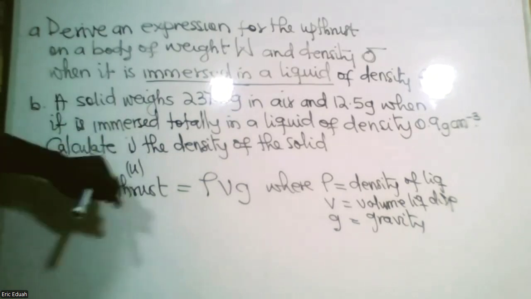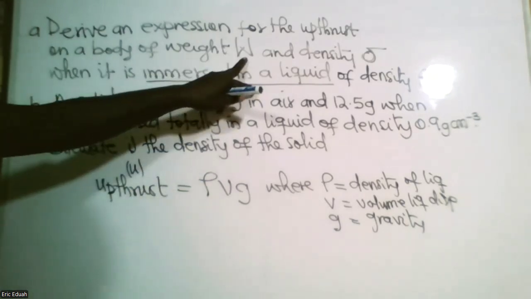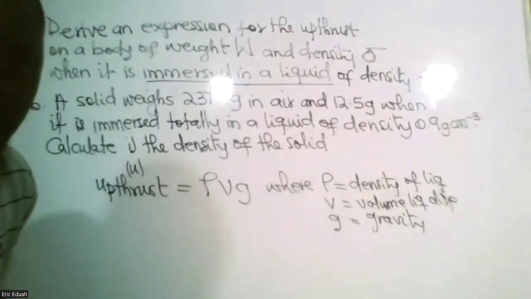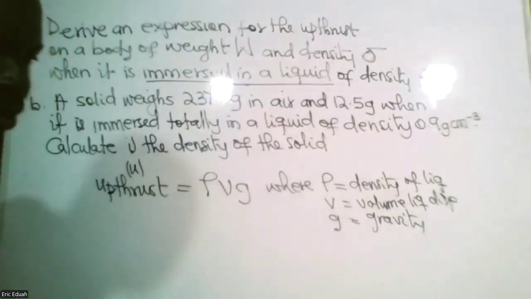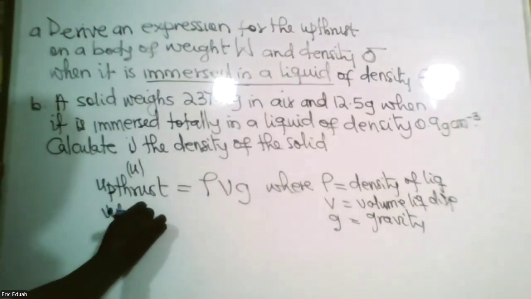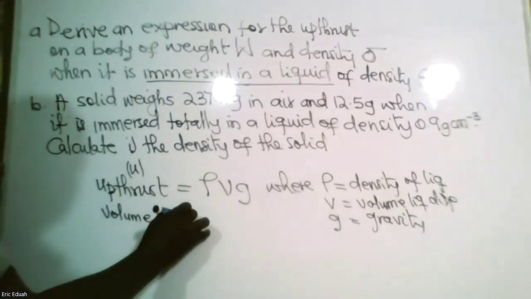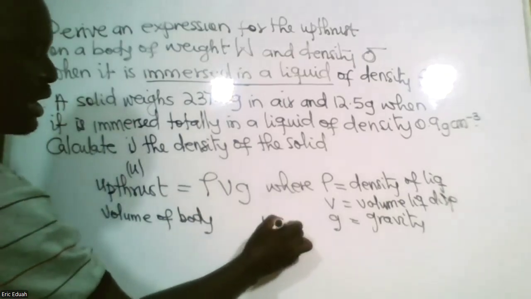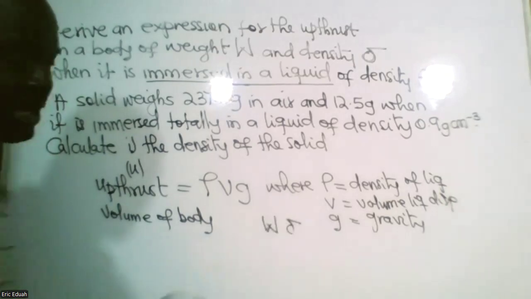So let's find the volume of the object. We have the weight of the object. We also have the density of the object. I want you to help me find the volume of the body, if we have its weight W and then its density sigma. Start work.